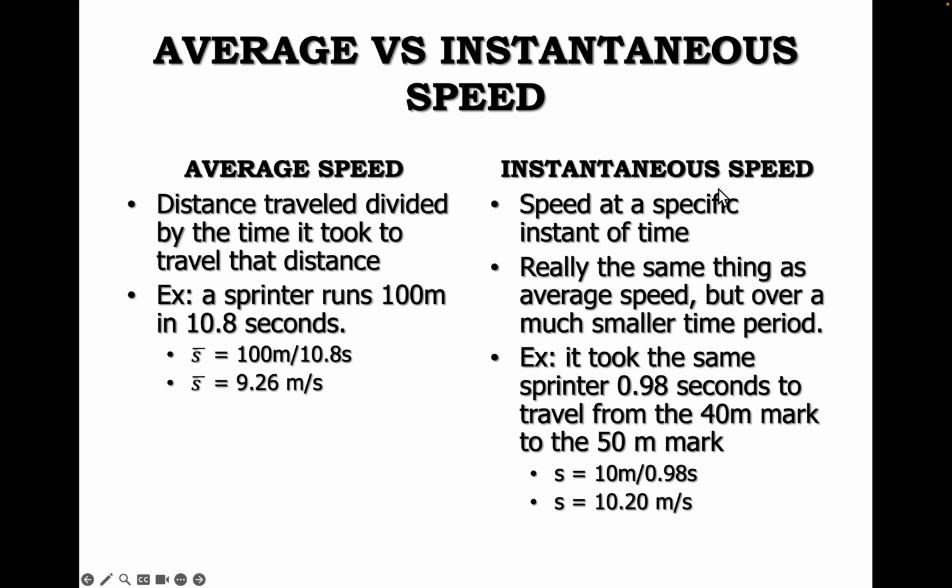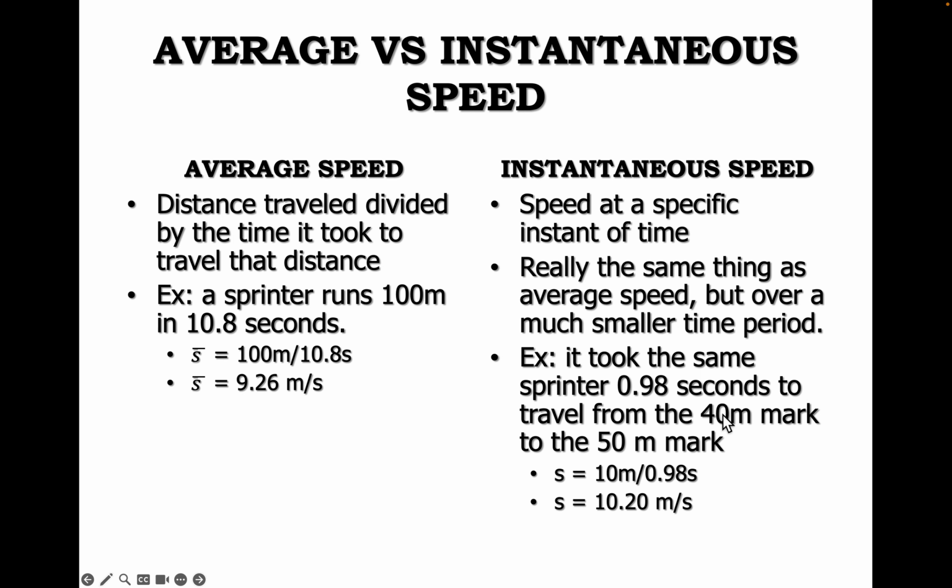Now, instantaneous speed is looking at speed at a specific instant in time. We can find instantaneous speed by calculating the average speed as well, but what's important to understand is that we typically look at instantaneous speed over a much smaller period of time.